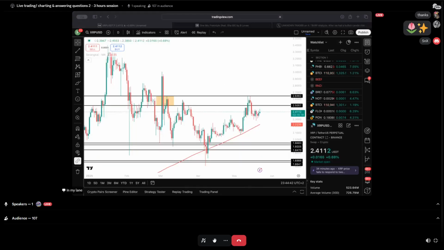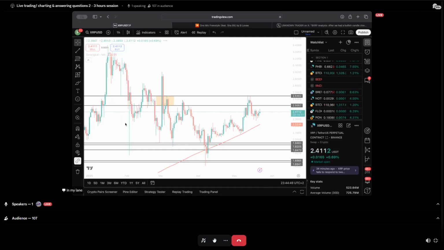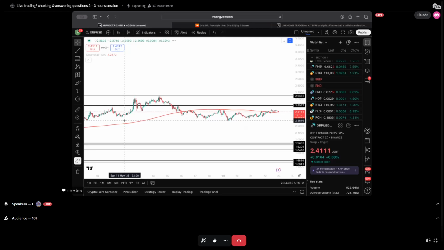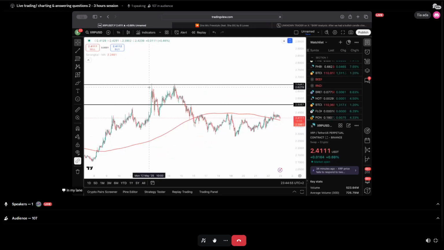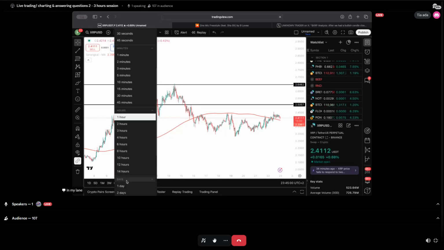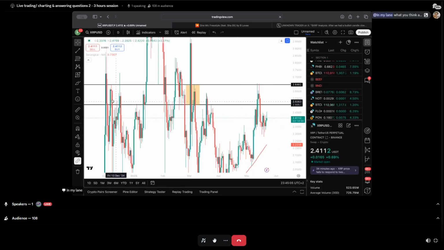What time frame? 1H. Yeah, I'm on daily. You can see as long as we don't break above here, there's no long for me. That's the key level. You see, we always go back up, retest it, but never break it.